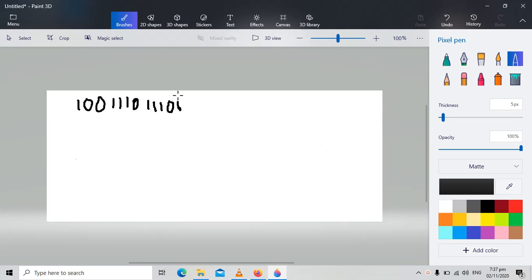Remember the top of the numbers. You will need to write the values 2 to the power of 0 and so on. Start from 2 to the power of 0 and until you reach the last number at the back, you will stop writing the values. So I'm gonna solve this on my own. You can pause the video if you want to.